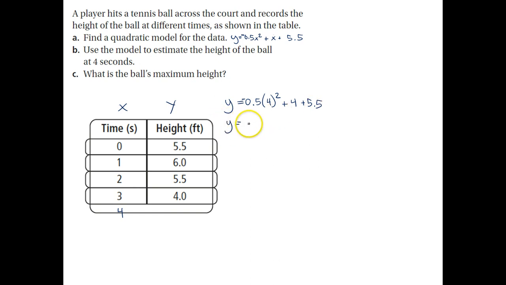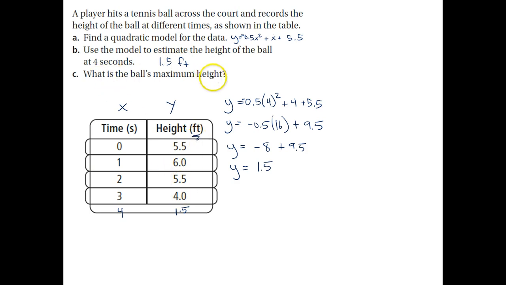So that's negative 0.5 times 4 squared, which is 16, plus 9.5. Well, half of 16 is 8, and negative of 8 is negative 8. Plus 9.5, we get y equals 1.5. So the height of the ball at 4 seconds would be 1.5 feet, because we're measuring in feet.